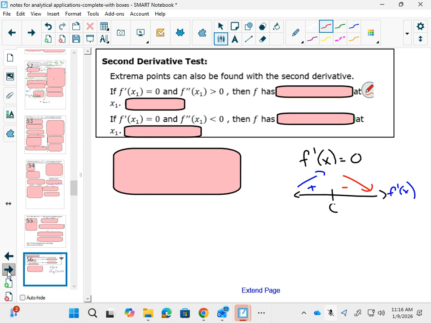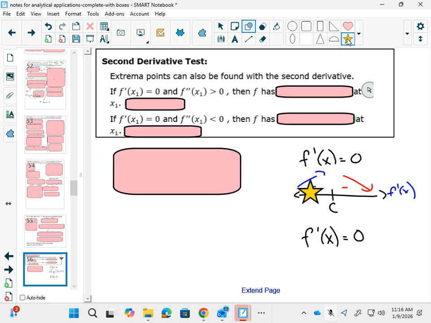The second derivative test says the following. You, again, find out where it's equal to 0, but for whatever reason, you decide to skip this.